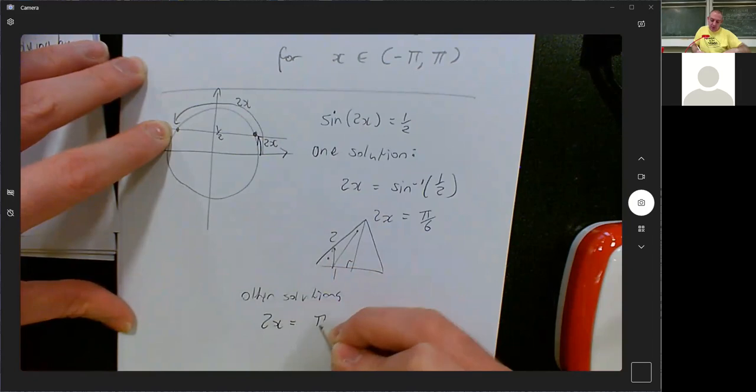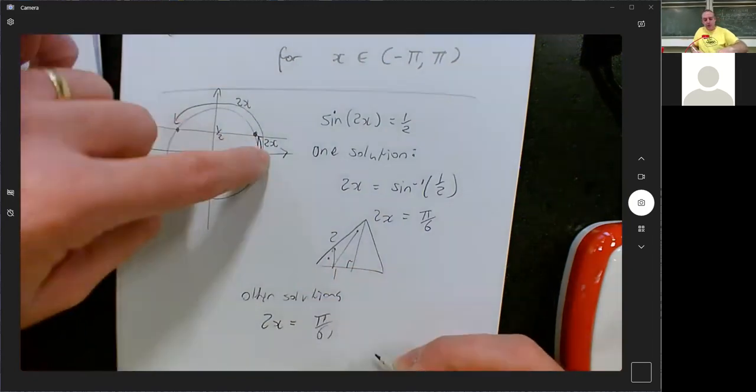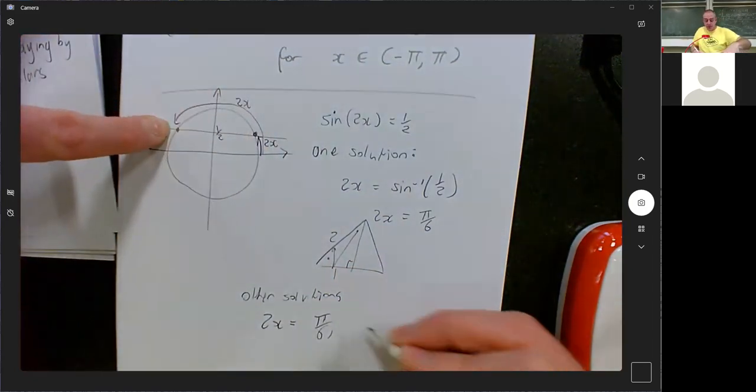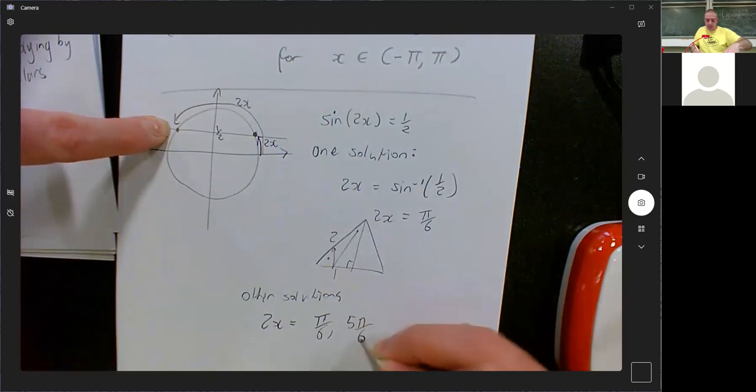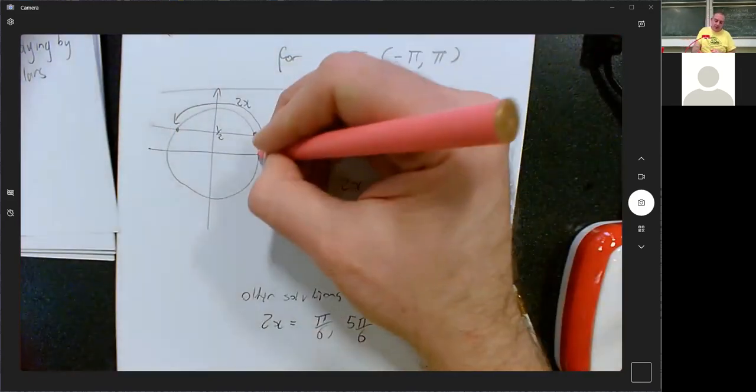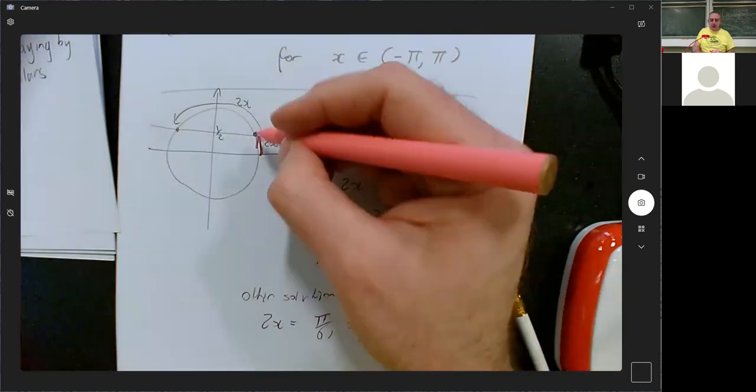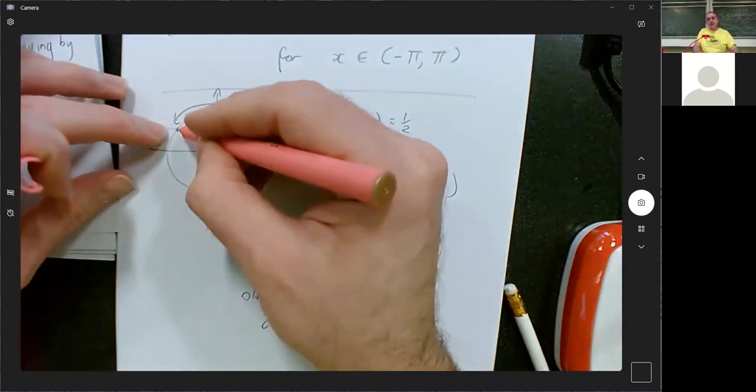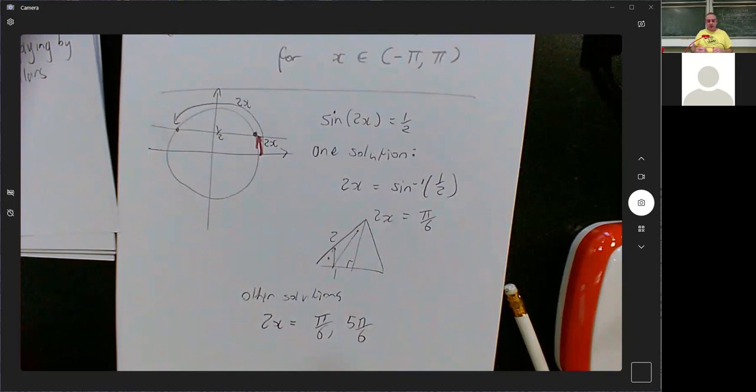2x is, we have pi on 6 was one of them. But we also have pi minus pi on 6, which is 5 pi on 6. So this is the pi on 6 here. And then there's a pi minus pi on 6, which is the 5 pi on 6. So that's the pink one in the picture. And this is the blue one in the picture.